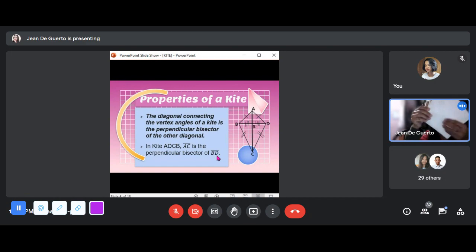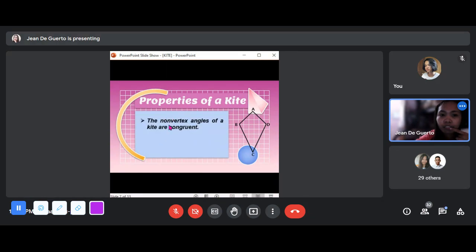They are divided equally, even if we measure it. Because your symmetry line is a perpendicular bisector of the other diagonal. So take note of that. The diagonal connecting the vertex angles of the kite is actually the symmetry line. So we have segment BS congruent with segment DS.